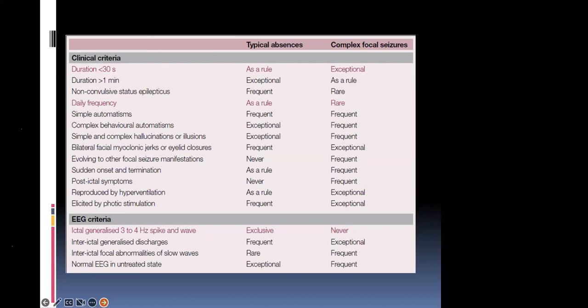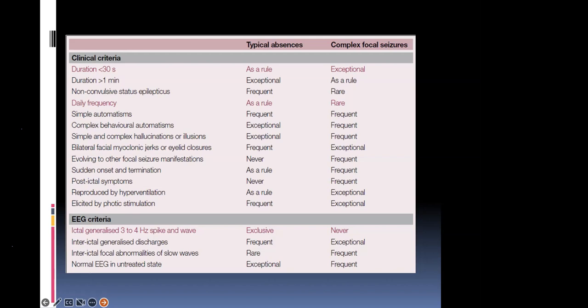Sometimes you can see eye blinks in complex partial seizures, but that is in association with other features. Evolving to other focal seizure manifestations never happens in the typical, but it can happen with complex partial seizures. And typical absences always have a sudden onset and a sudden abrupt termination.